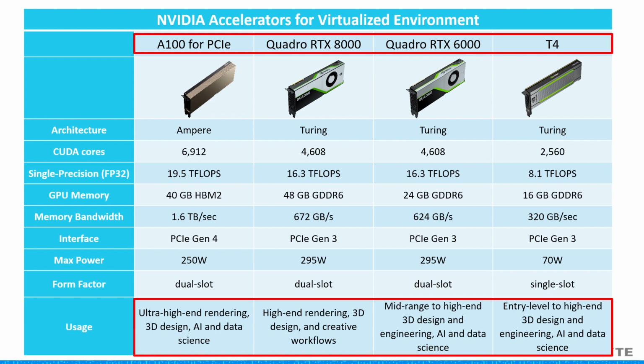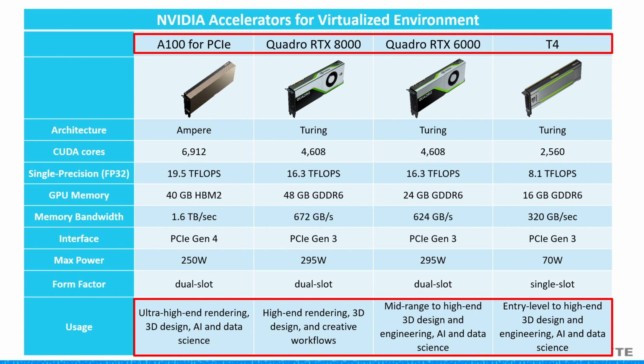GIGABYTE has servers ready for ultra high-end work using A100, as well as entry-level performance like the T4 or RTX 6000. The Ampere architecture, using the A100, has the newest technology by NVIDIA, and is the first accelerator by NVIDIA to include PCIe Gen 4, and is used in 3D design and AI, just to name a few.